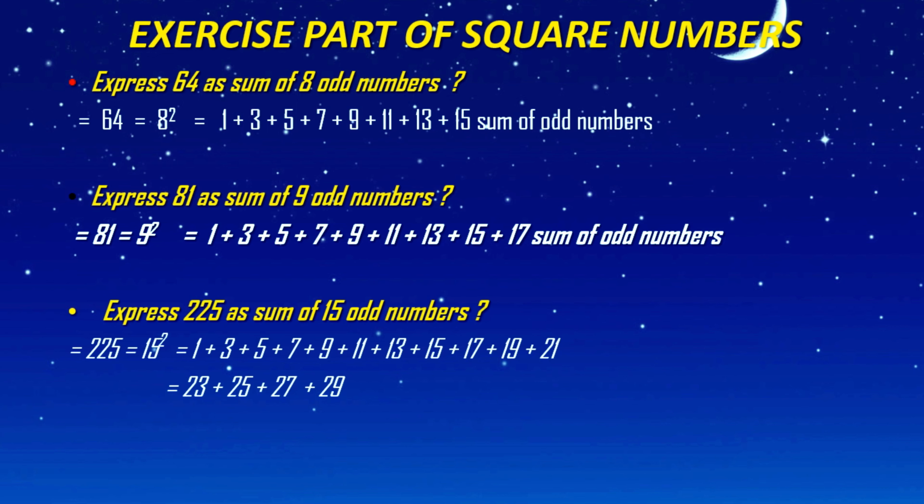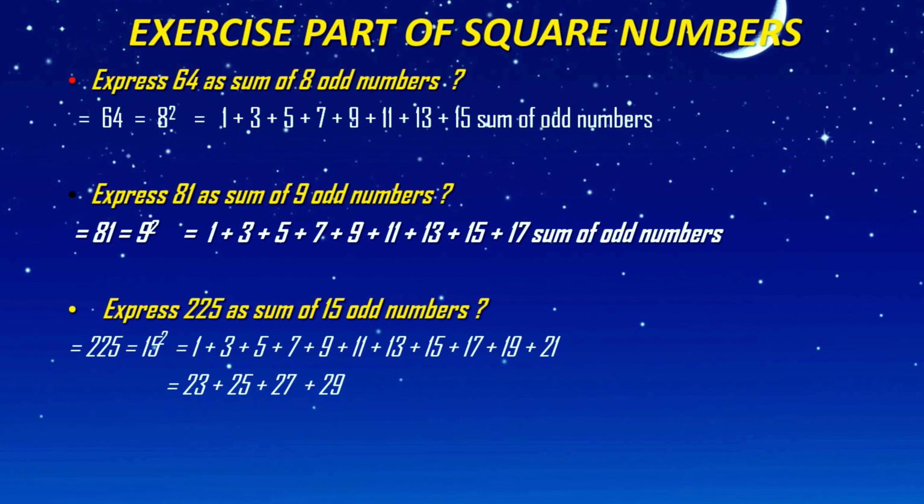Let's see how many odd numbers there are: 1, 2, 3, 4, 5, 6, 7, 8, 9, 10, 11, 12, 13, 14, 15. So we can write the square root of 225 is 15, 15 square, 15 into 15 that is 225. In this method, in all three questions, we have understood that whenever these questions come, we should add only odd numbers, not even numbers, to get the answer to the question.